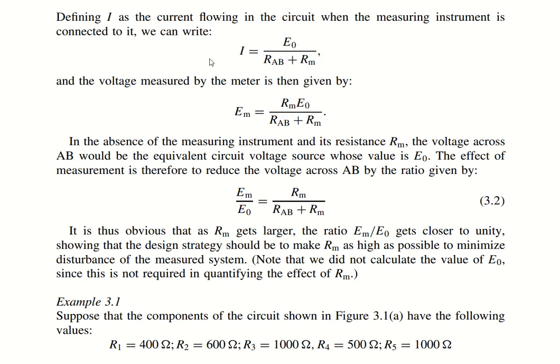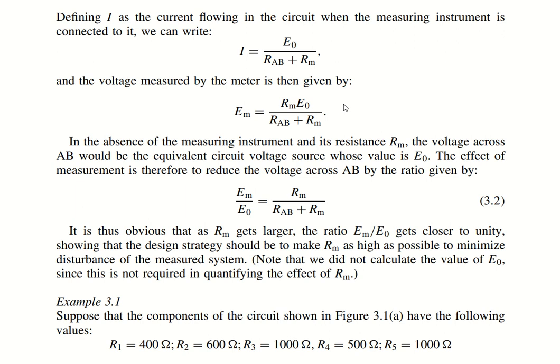Now in the absence of the measuring instrument and the resistance RM, the voltage across AB would be equivalent to the circuit voltage source whose value is E0, and the effect of the measurement is therefore to reduce the voltage across AB by the ratio EM divided by E0, which is equal to RM divided by RAB plus RM.